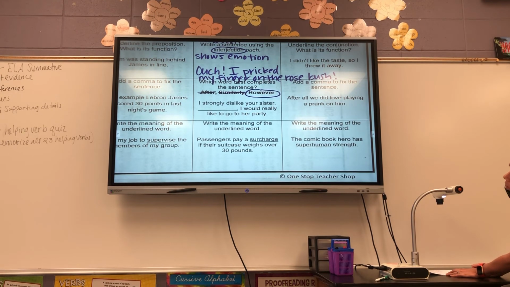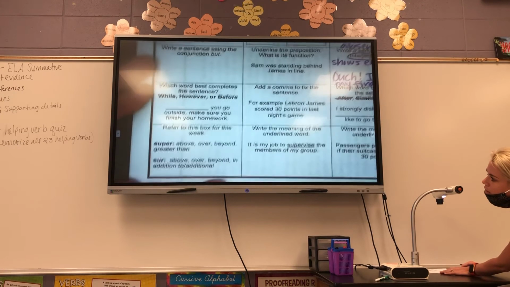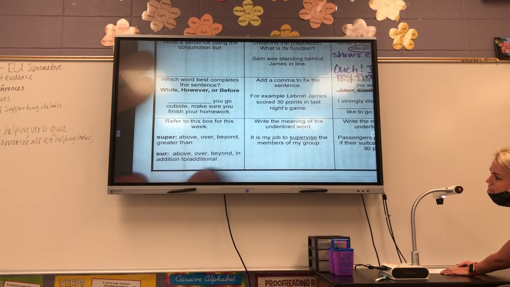All right, write the meaning of the underlined word. Passengers pay a surcharge if their suitcase weighs over 30 pounds. If I look back on Monday's list at my definition of sur, I know that sur means above, over, beyond, in addition to, and additional.